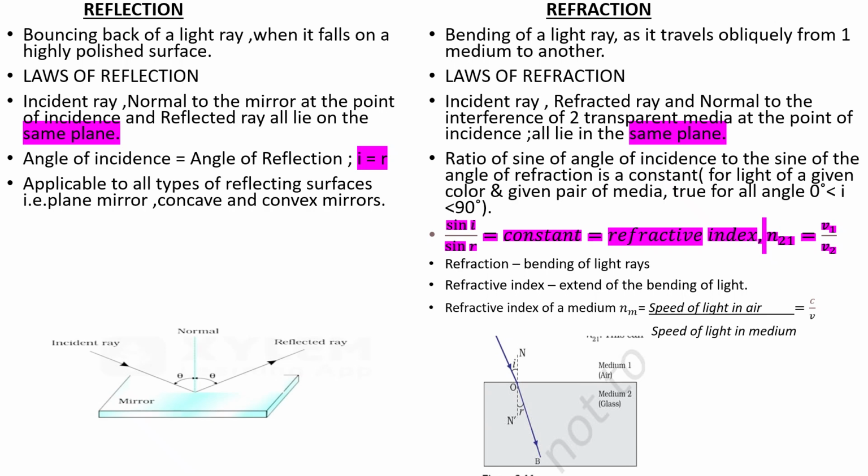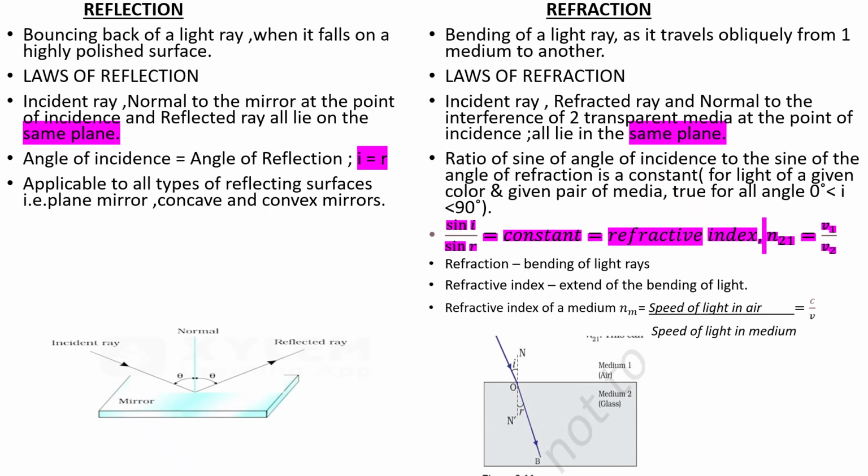So we said sin i by sin r is a constant, which is otherwise called the refractive index. The refractive index is a term that denotes the extent of the bending of light. While refraction is the bending of light ray, the refractive index is the extent of the bending of light ray.